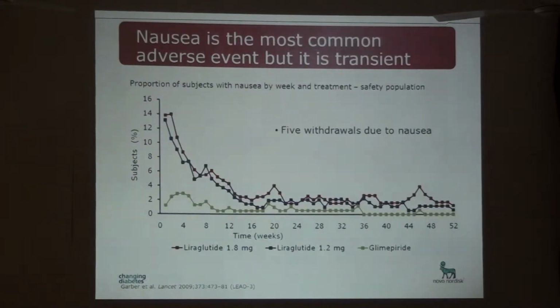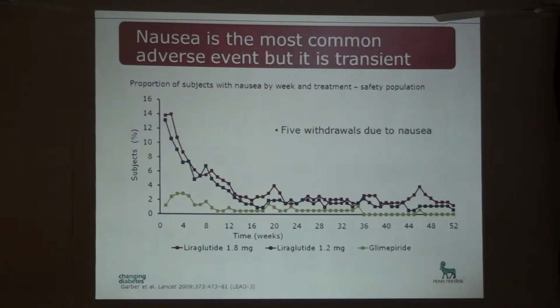The most important side effect, which is the most troublesome for all patients, is the nausea that occurs with liraglutide. And that starts off as soon as you start the injection. That is quite a deterrent in the treatment of any GLP-1 analog.